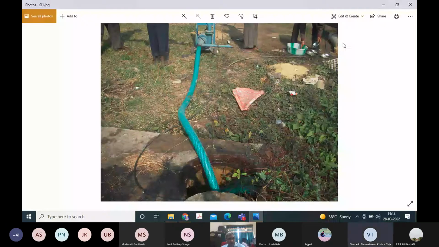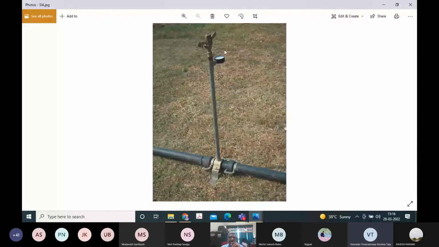And these two pipelines are joined by a coupler, and on this coupler the riser pipe is mounted, and on this riser pipeline there is a pressure gauge where you can see how much the pressure is when the sprinkler is operating, and then there is a nozzle, and on this side also there is a nozzle. Yeah, same thing, this is the pressure gauge and these are the two nozzles.